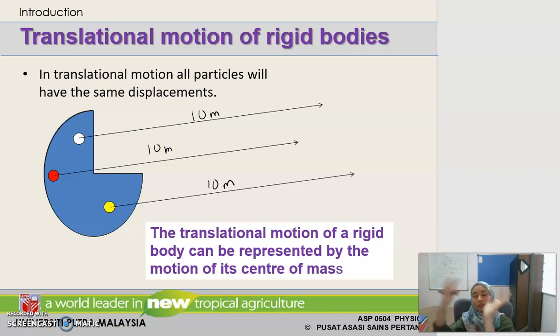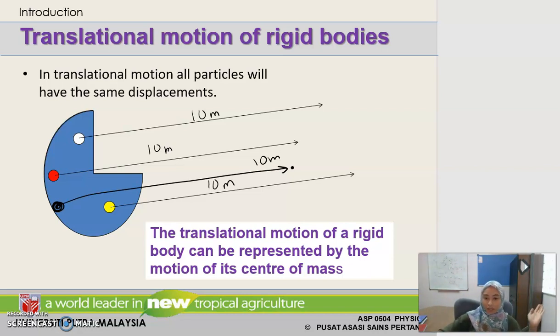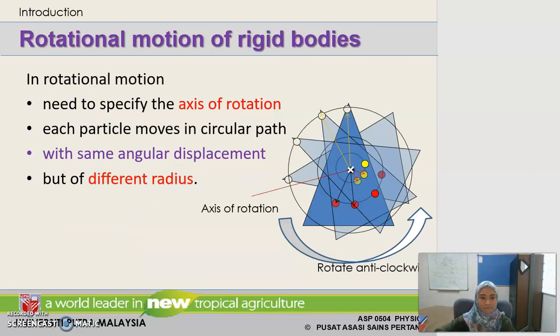Translational motion gives all the particles the same displacement no matter where they are. So the black dot will also only travel about 10 meters. If it starts further back, it ends further back as well, because the displacement is constant.